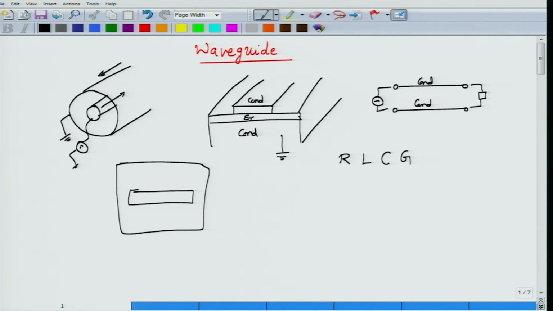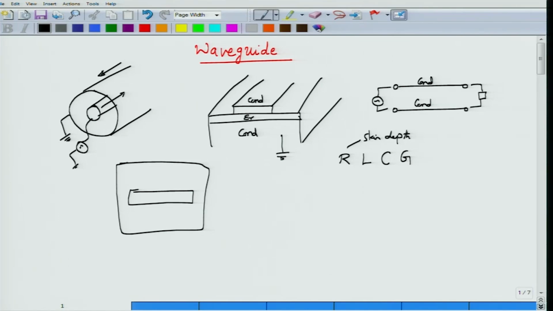There are ways of calculating R, L, C and G. For example, we have calculated capacitance and inductance for the two-wire line and for the coaxial cable. The calculation of R and G is slightly tricky and not really important for our course, and therefore we did not cover that. But they are related to skin depth, something that we talked about in one of the modules.